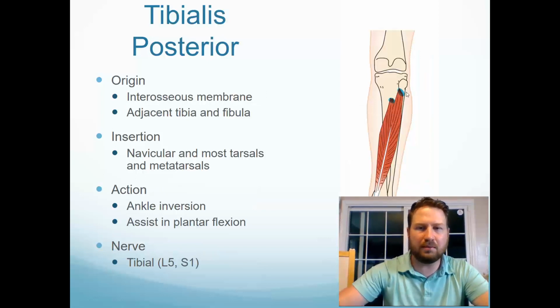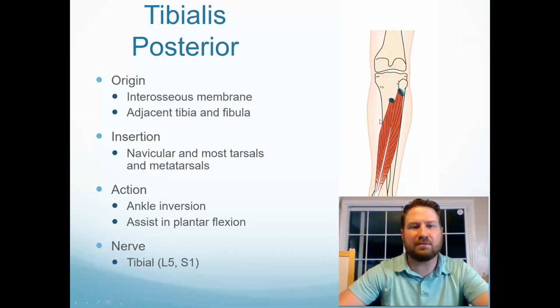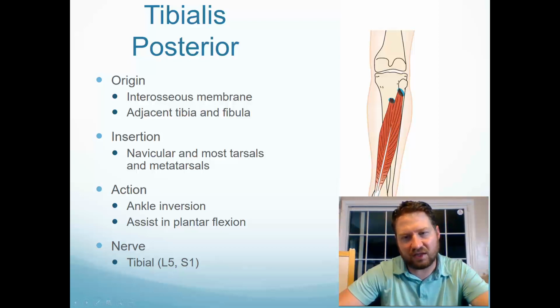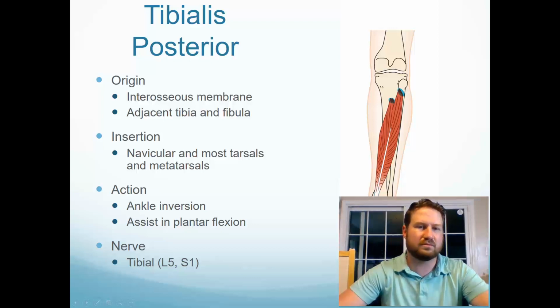Our posterior tib originates on the interosseous membrane adjacent to the tibia and fibula, and then it goes down and wraps around the medial malleolus. This is kind of a hard picture. There's our calcaneus, and there's our cuboid, and then our proximal metatarsals.